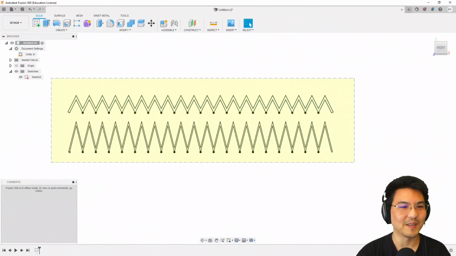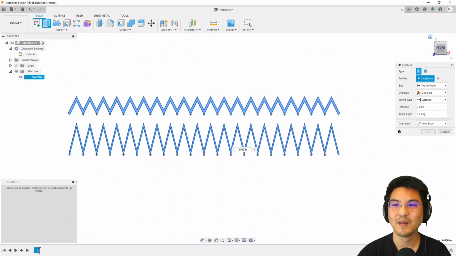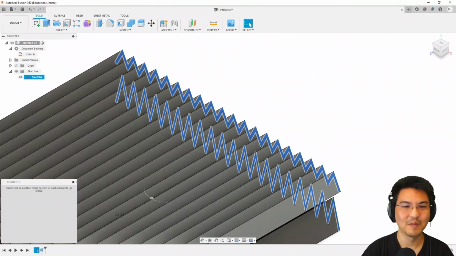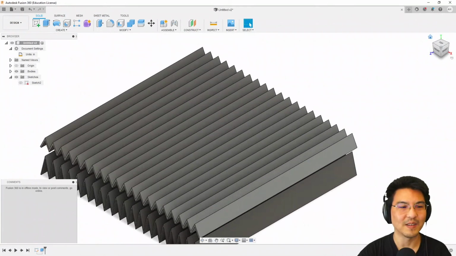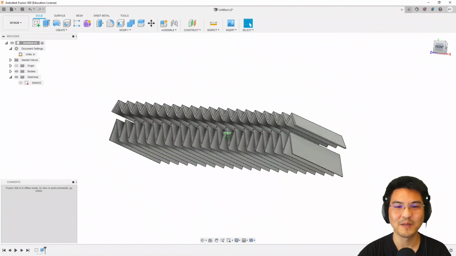And now I just take these areas and extrude them like this, 20 inches. Okay, there we go. We got 3D models of our air filters.